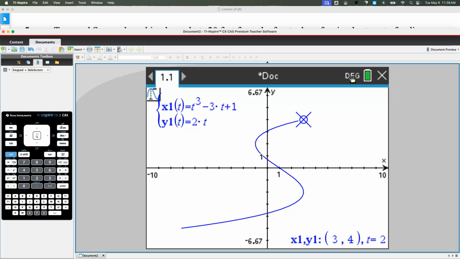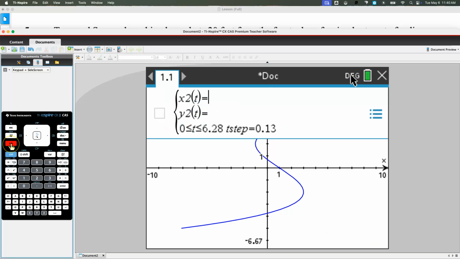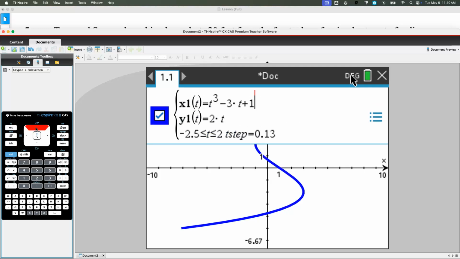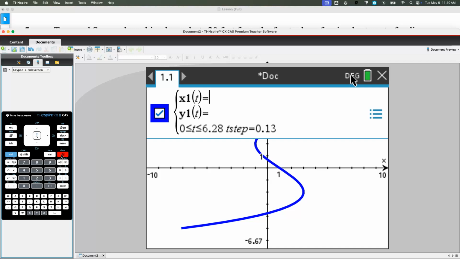Take your cursor up there, click on it. Okay.